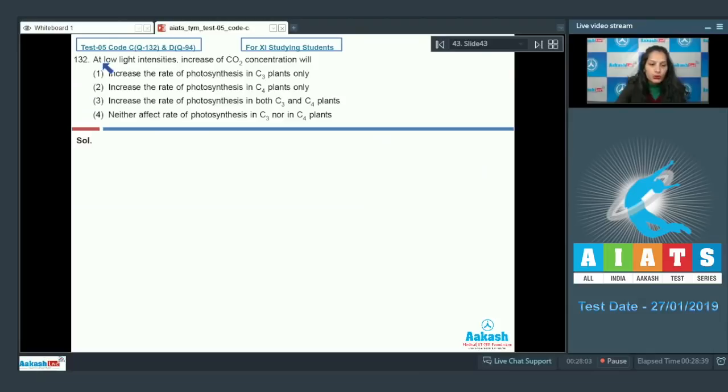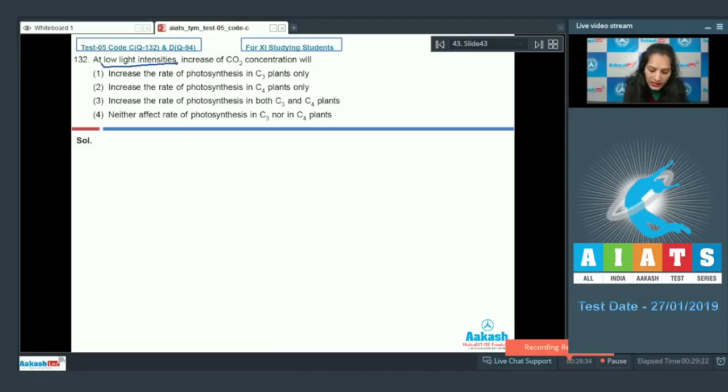Question number 132. At low light intensities, increase of CO2 concentration will, first option, increase the rate of photosynthesis in C3 plants only. Second, increase the rate of photosynthesis in C4 plants only. Third, increase the rate of photosynthesis in both C3 and C4 plants. Fourth, neither affect rate of photosynthesis in C3 nor in C4 plants.